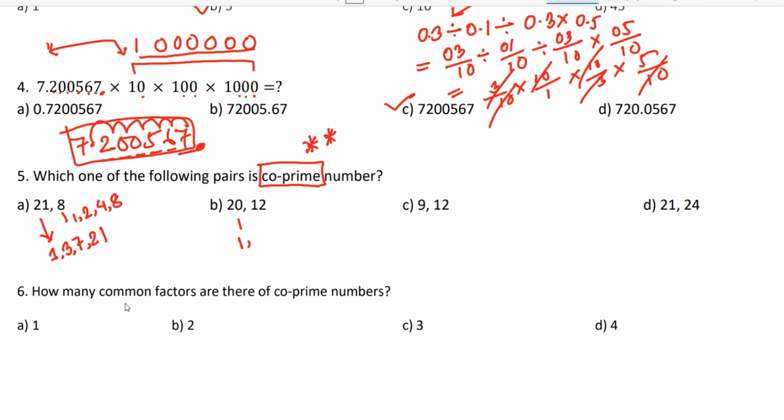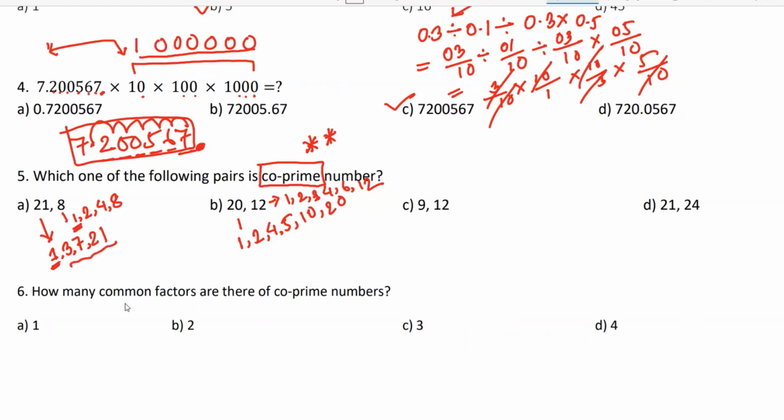Factors of 10 and 20: 1, 2, 4, 5, 10, 20. Now factors of 12: 1, 2, 3, 4, 6, and 12. Now give attention here. The only common factor in these two numbers is 8.